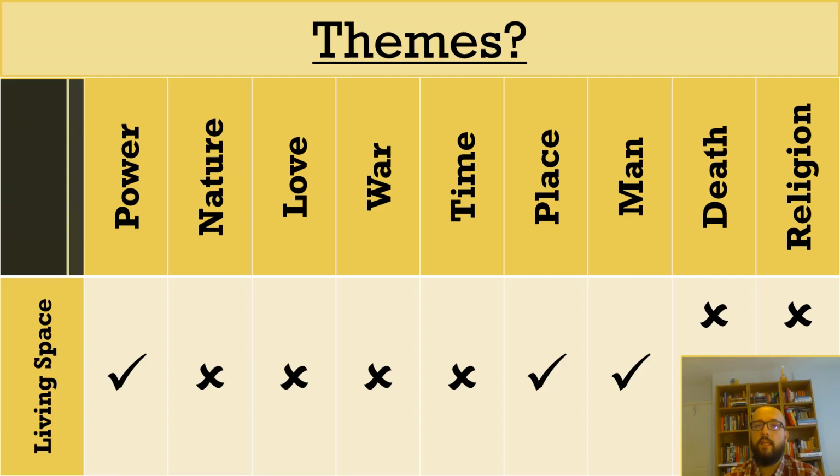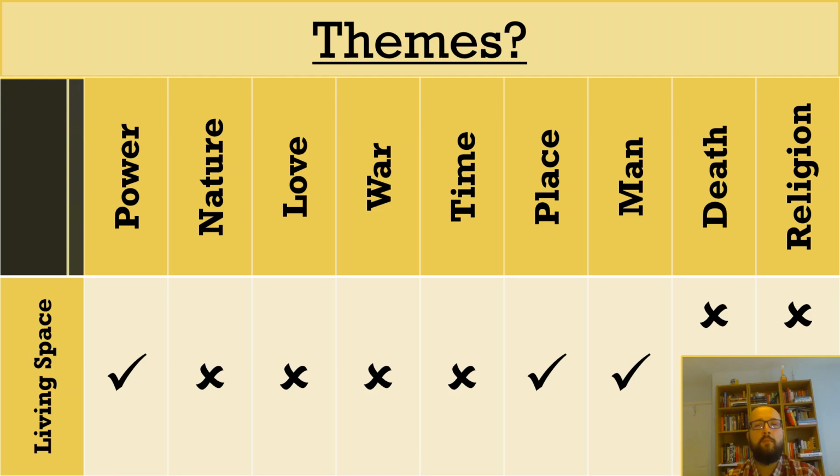So I've ticked the power box, as I believe that this poem could be said to be about the powerlessness of the people living in the slums. I don't really see this poem as being about nature particularly, nor love, nor war, nor time, but I definitely think it's about place.